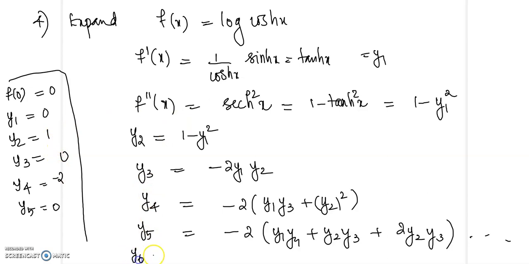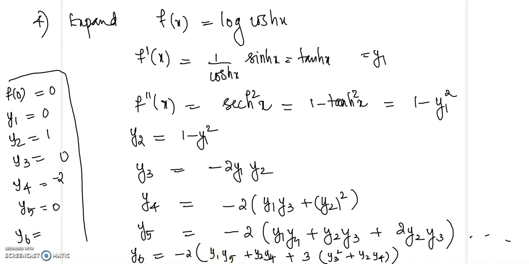So let's go for y6 also. When writing the series, always try to get at least 3 terms in the expansion. Okay, so this will be minus 2. So the derivative of y1 y4 will be y1 y5 plus y2 y4, and this is 3 y2 y3. So when you take the derivative, y3 square will come plus y2 y4. So that is y6. So let's look at the value of y6 at 0.